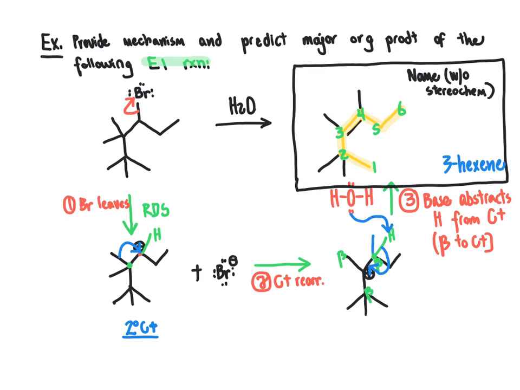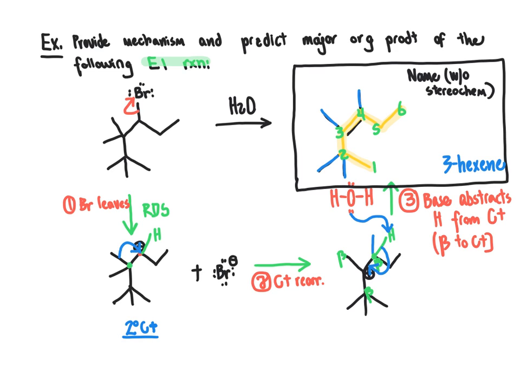So 3-hexene. And then we need to fill in all of the branches, and we have a bajillion methyl branches here. Well, maybe not quite that many, but several methyl branches. So we have 4 methyl branches, which is going to be referred to as a tetramethyl. And we need to specify where those 4 methyl groups are.